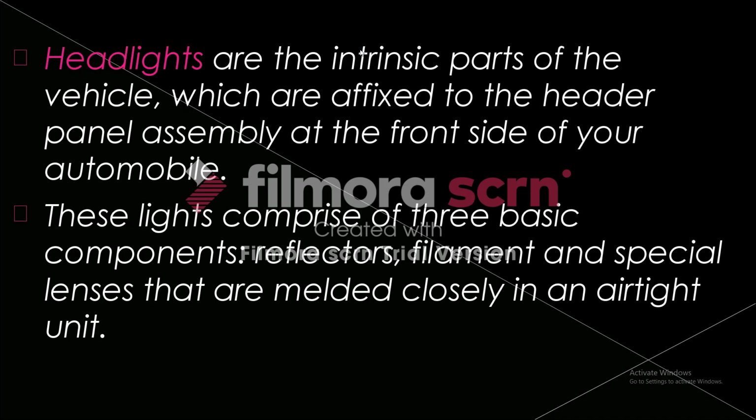Headlights are an intrinsic part of the vehicle, which are affixed to the header panel assembly at the front side of your automobile. These lights comprise three basic components: reflectors, filaments, and special lenses that are melded closely in an airtight unit.